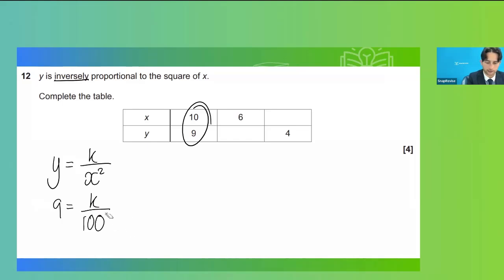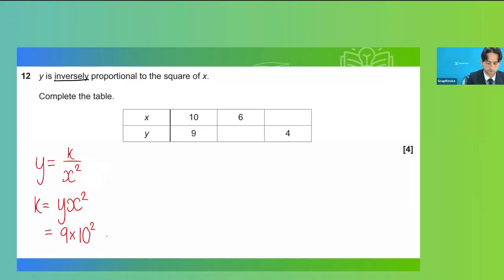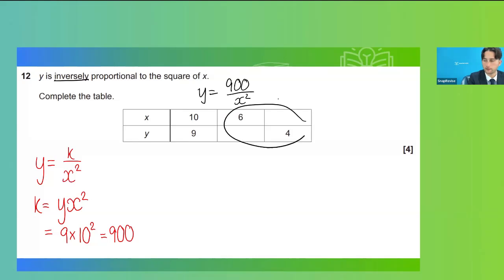So we can rearrange and find k and work out k equals 9 times 10 squared, so 900. And this is actually the equation. And all these values will have to fit into that as well.